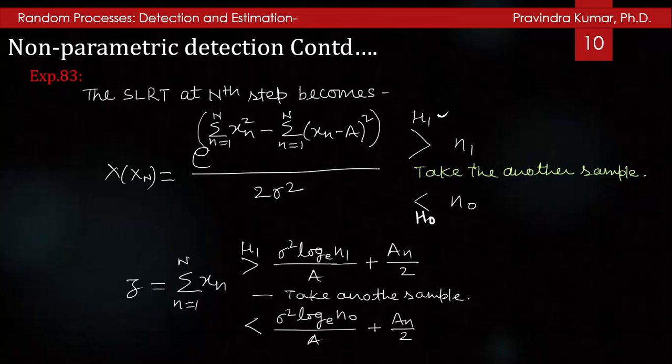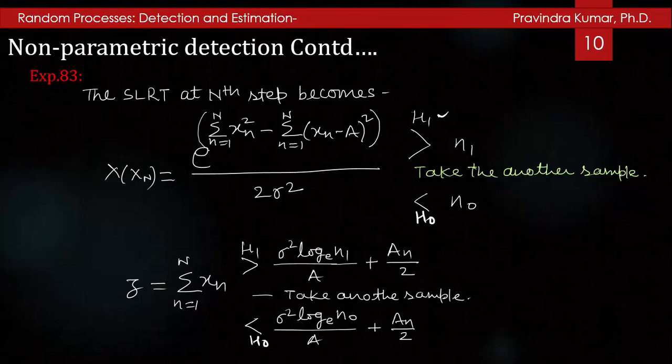So from here you can see that z, equal to the summation from n1 to n of xn, will be greater than sigma square log e n1 by A plus An by 2 for H1, and for H0, z will be less than sigma square log e n0 by A plus An by 2.